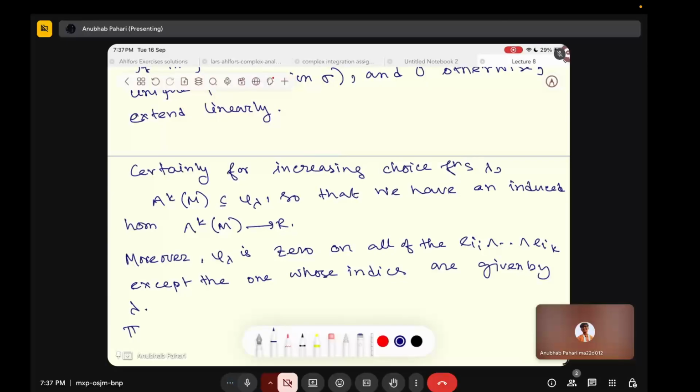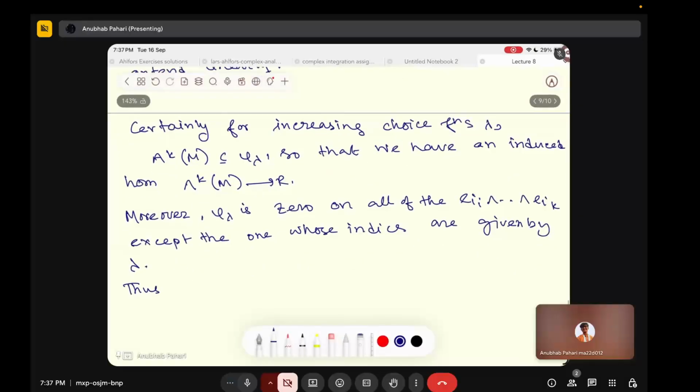Thus the elements of the generating set are distinct.